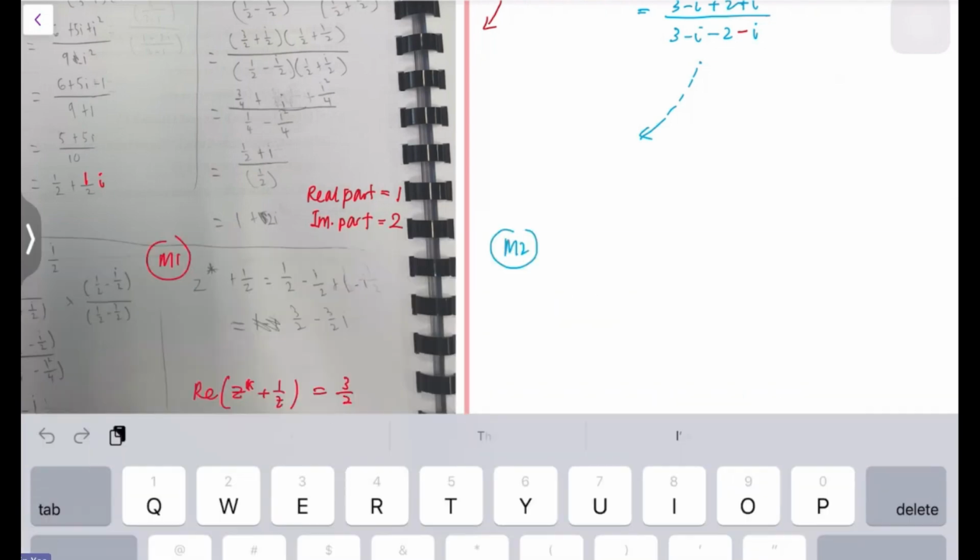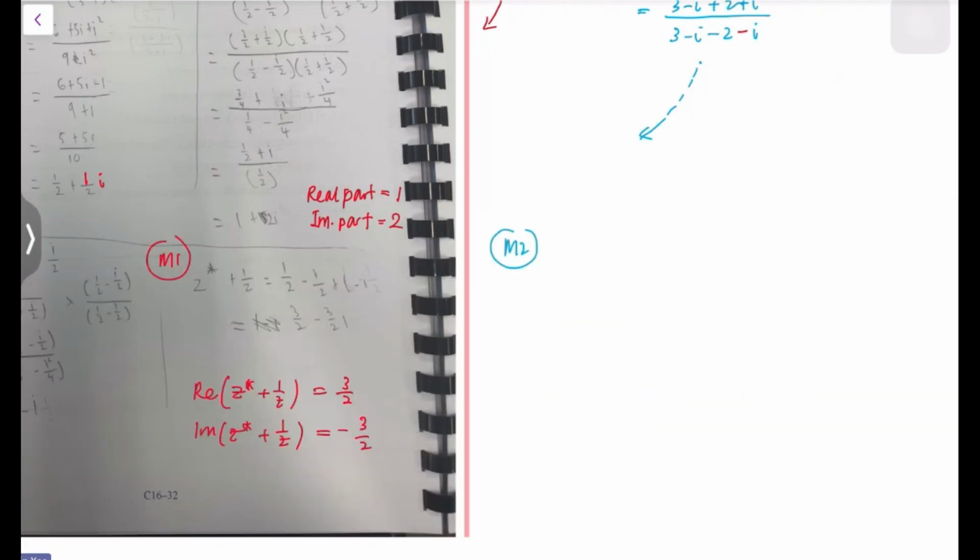For method 2, we will be using the property where we have a fraction. When you take the conjugate of a fraction of complex numbers, you can distribute the conjugate into the fraction.